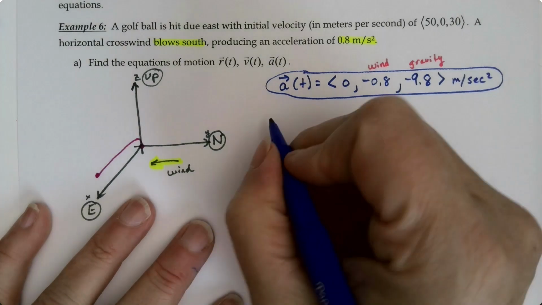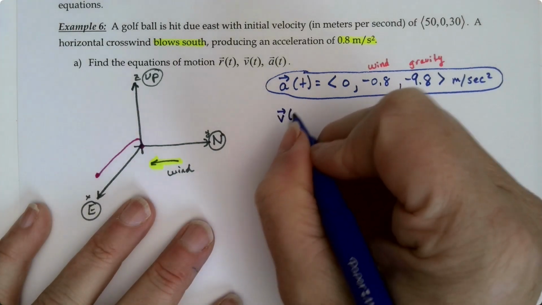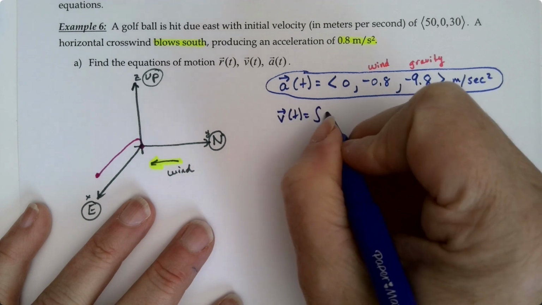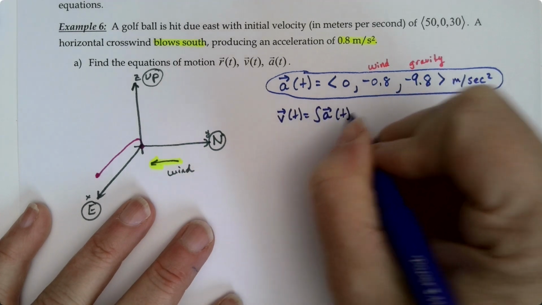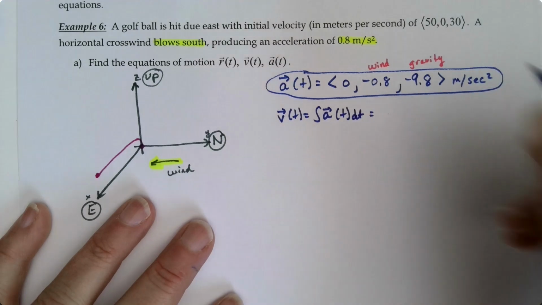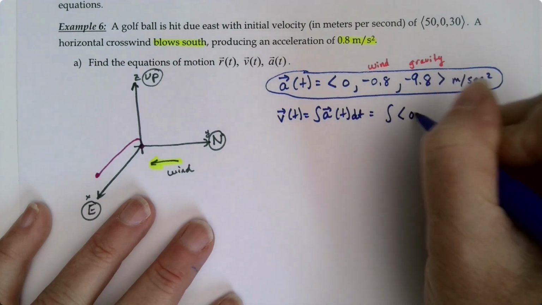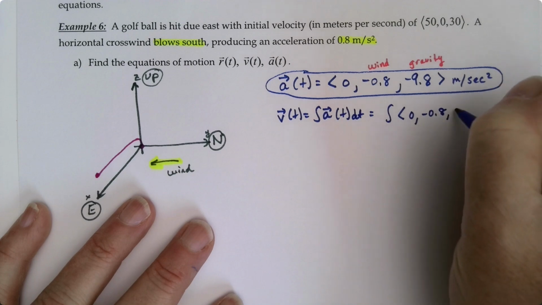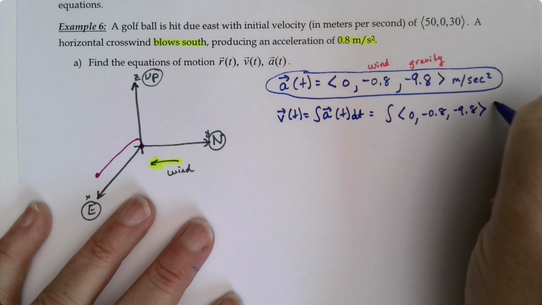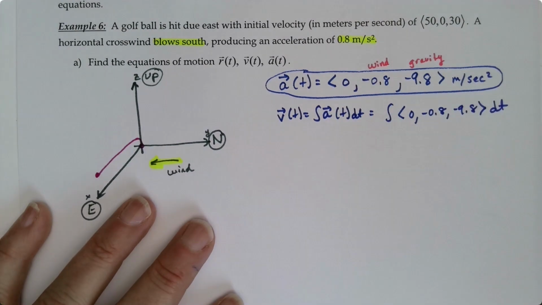All right, lovely. Now, how do I find velocity? Well, velocity is the integral of acceleration with respect to time. So that would be the integral of 0, negative 0.8, negative 9.8 with respect to time.